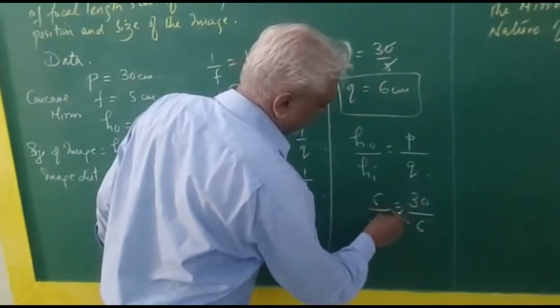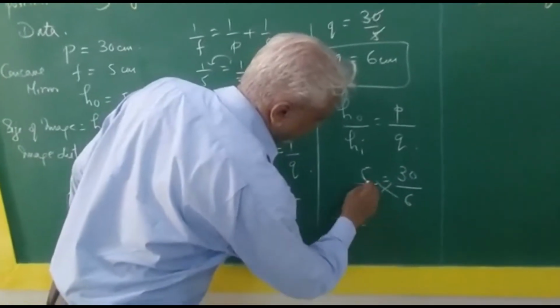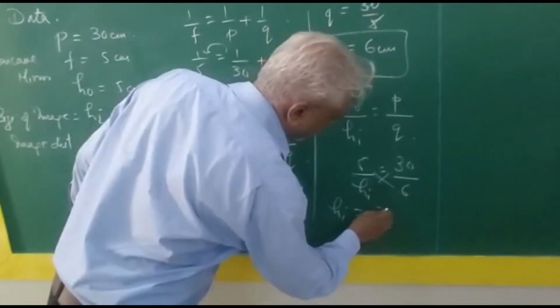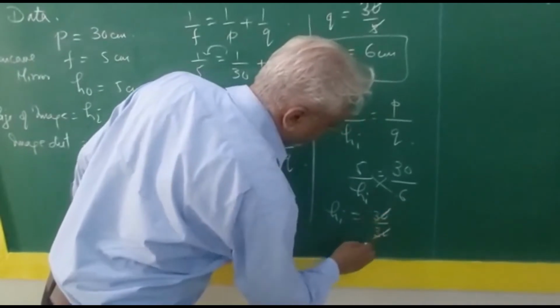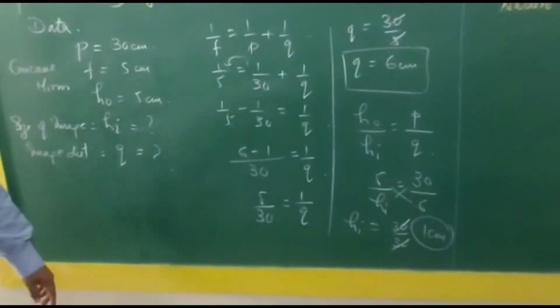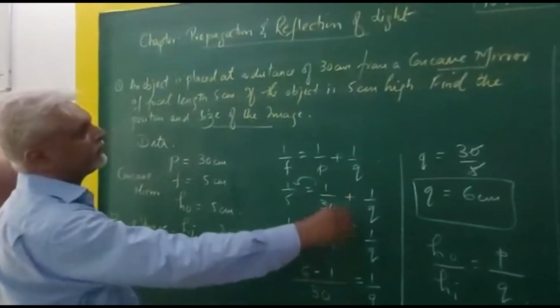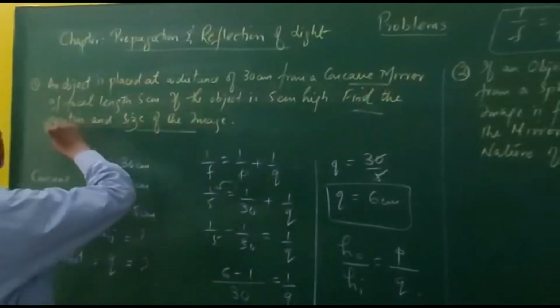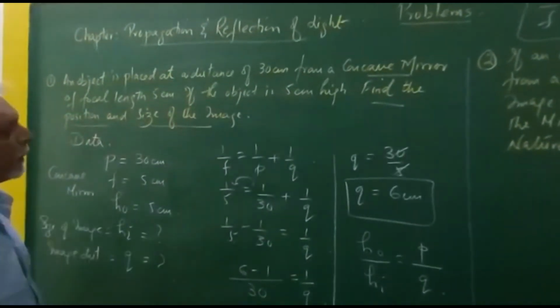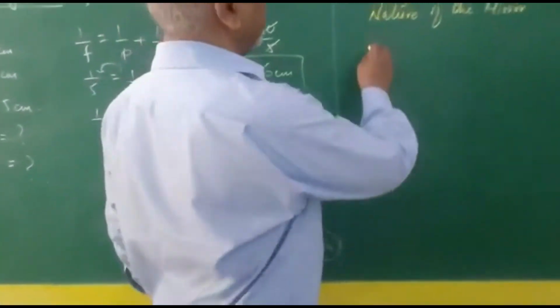So you cross multiply, height of the image will give you 5 times 6 is 30, over 30. So it's 1 centimeter. This is the size of the image, and the position of the image is 6 centimeters. Let's go to the next question.